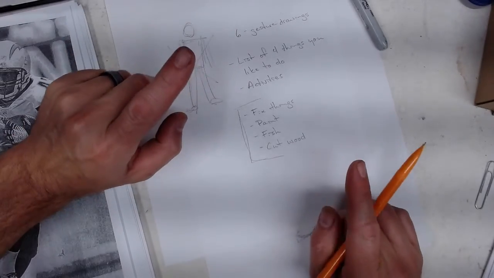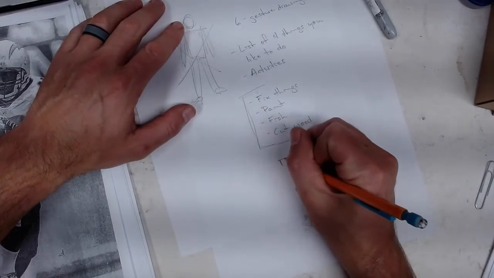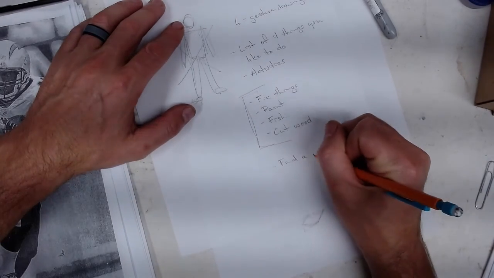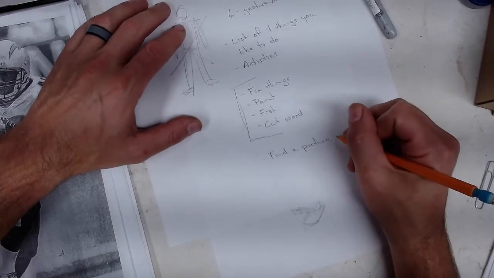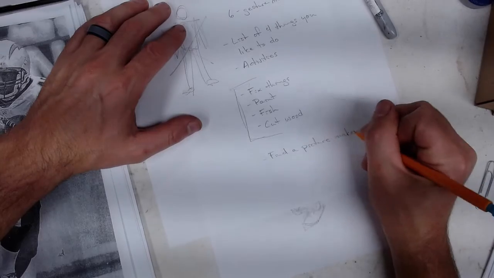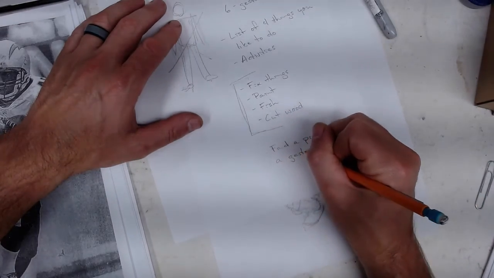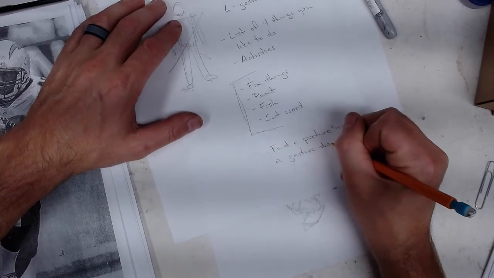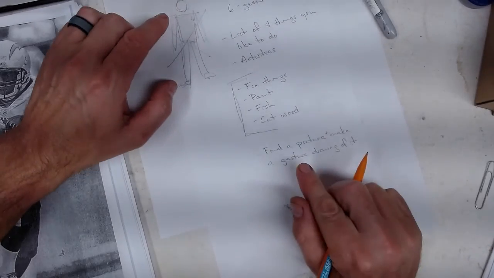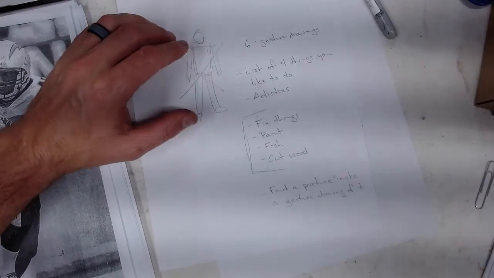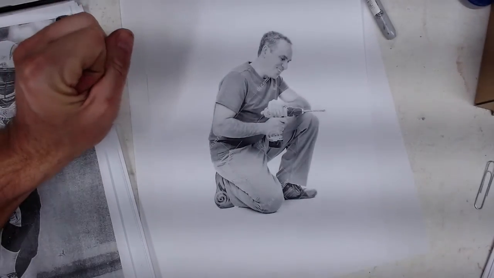Then I want you to find a picture and make a gesture drawing of it. Okay, so here I found a picture of someone doing something I like to do.